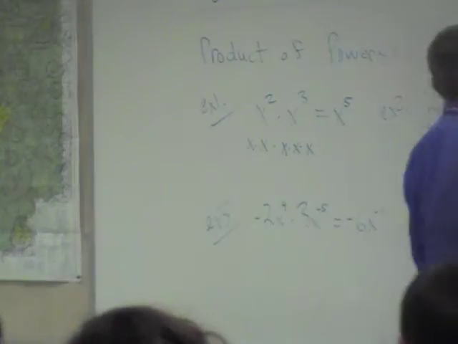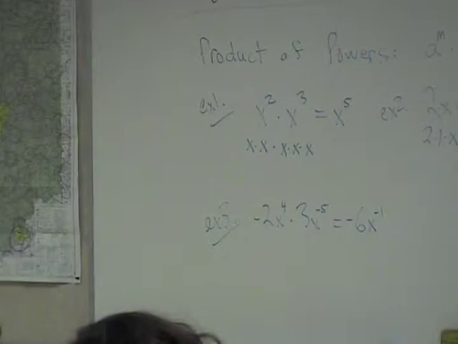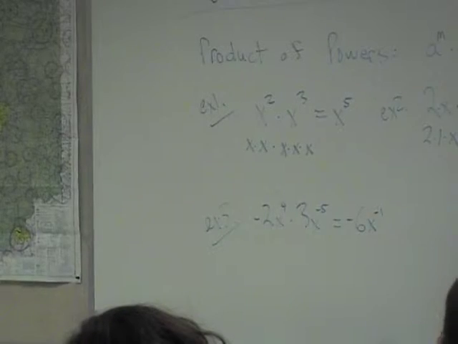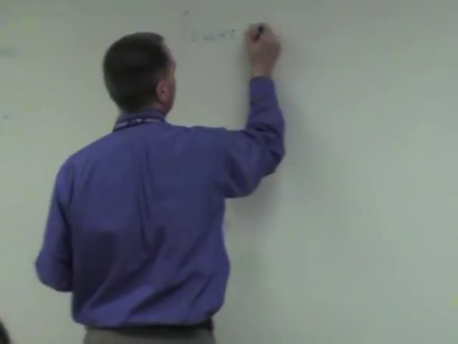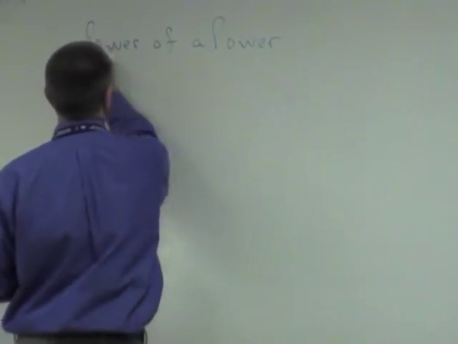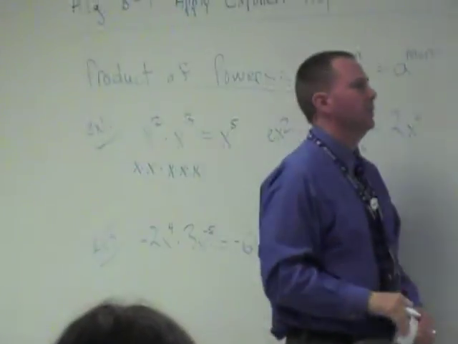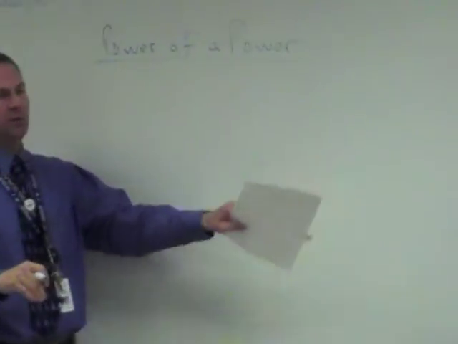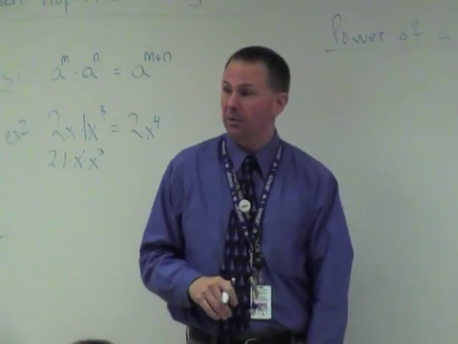That was the product of powers. Now we have the power of a power. This is product. This doesn't mean we're multiplying exponents. We have exponents raised to other exponents.